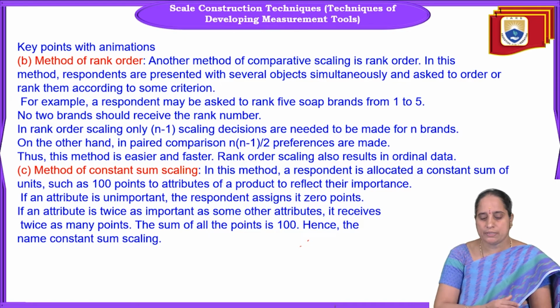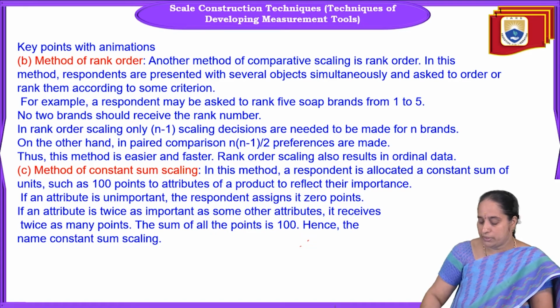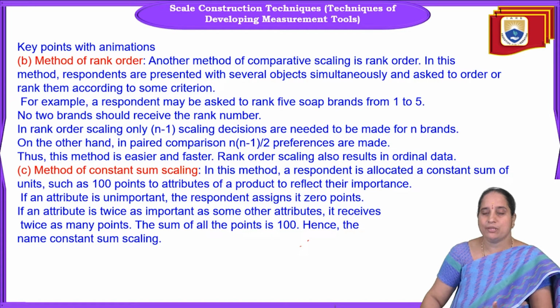If he specifies an attribute is twice as important as some other attribute, then it receives twice as many points. The sum of all the points is equal to 100. Hence, this method has the name constant sum scaling.